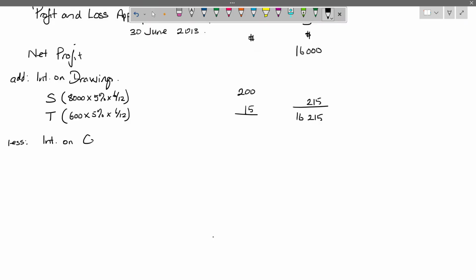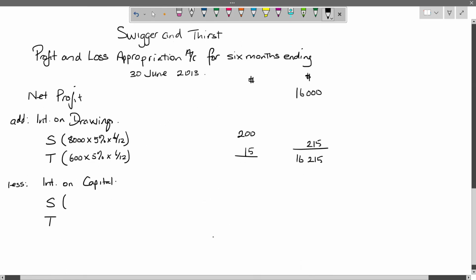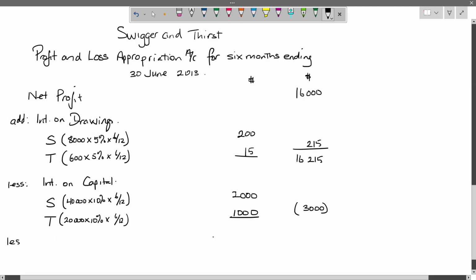We're then going to deal with interest on capital. $40,000 by 10%, $20,000 by 10%. This works out to be $3,000, and then we have less salaries.